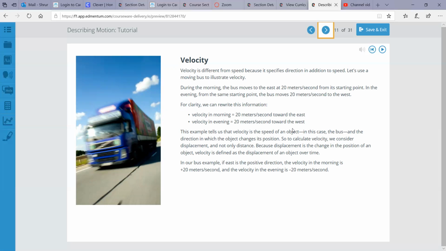In our bus example, if east is the positive direction, because it's kind of like a number line, then the velocity in the morning is positive 20 meters per second. But if we consider the left as decreasing in number line value, the velocity is negative 20 meters per second.